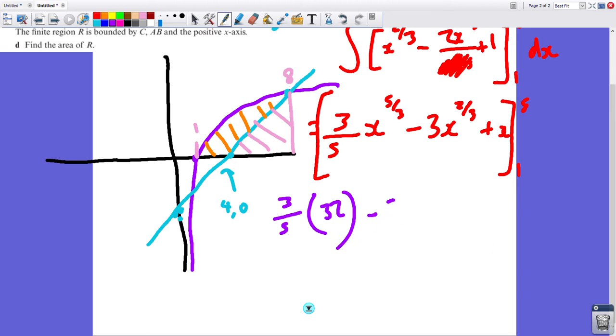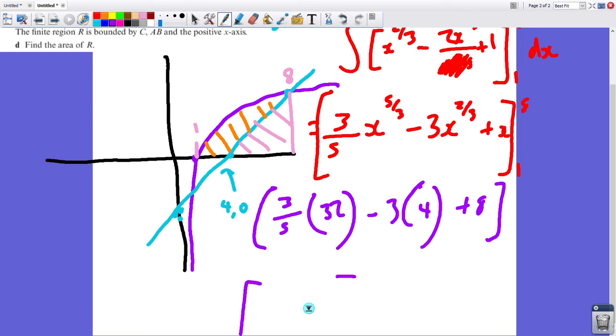Minus 3, 8 cube rooted is 2, the power of 2 is 4, so 3 lots of 4, and then plus 8. I'll put square brackets around all of that. And then minus, and just plug in x equals 1 now.